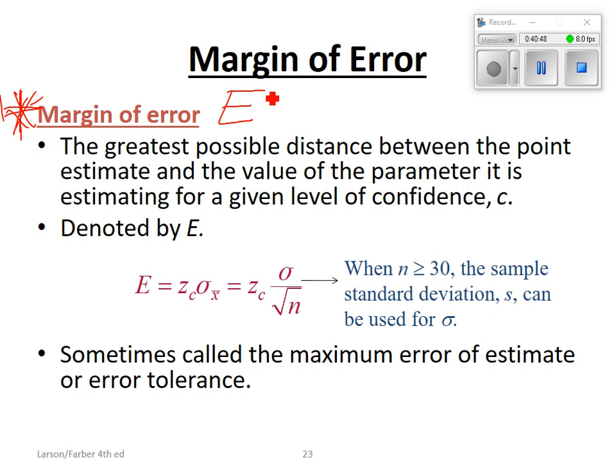So we can't find exactly the sampling error, but we can find the largest it could be. And that's what this is, and that's what this formula is. I would not mess with that formula. Doesn't hurt anything to have it down there. This is the formula that we're going to use. That's the real one that we're going to use.